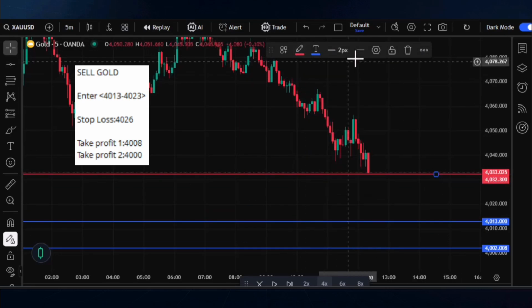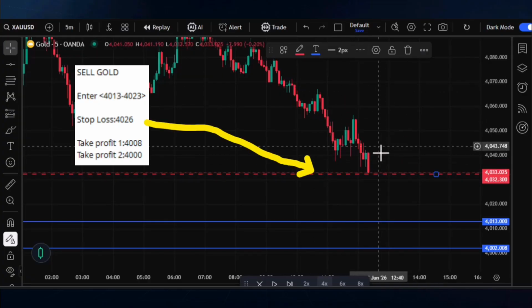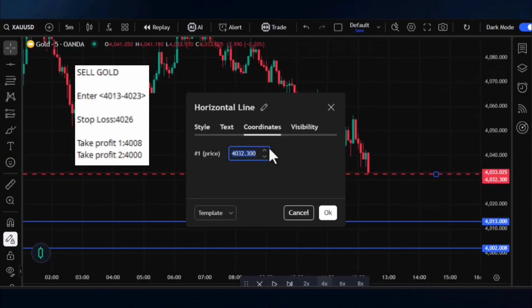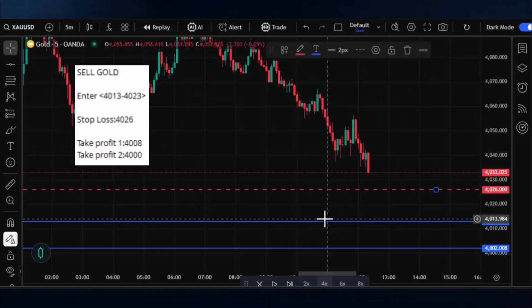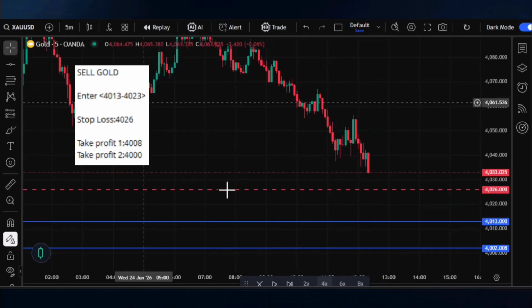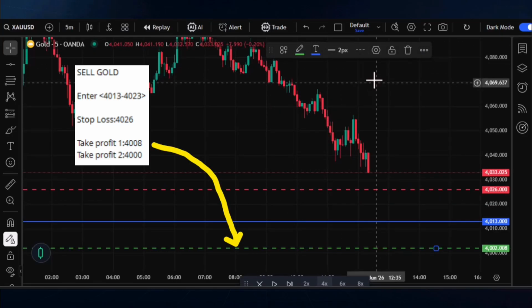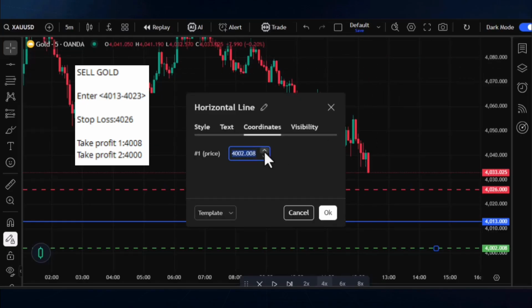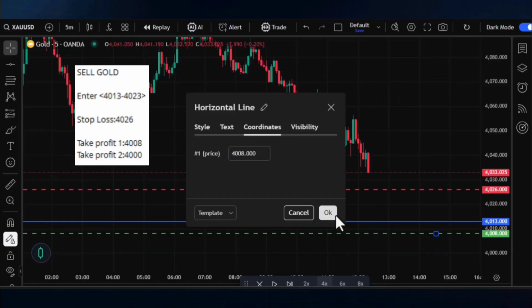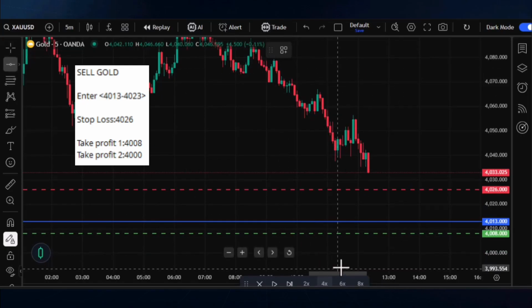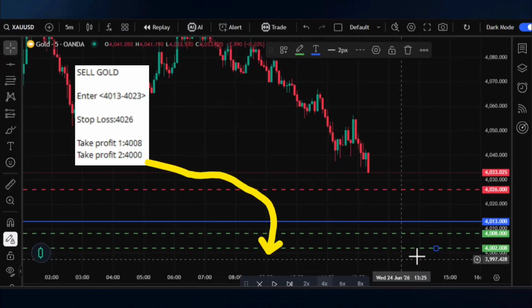This red line is the stop loss. These 2 green lines are the signal targets. Now the main analysis is just about to begin, because the chart tells us whether this signal makes sense or if it's just a random number that was sent.